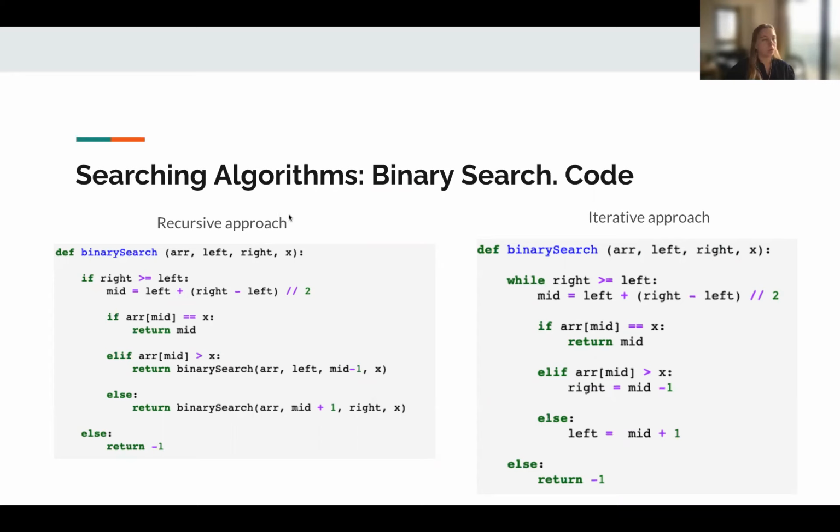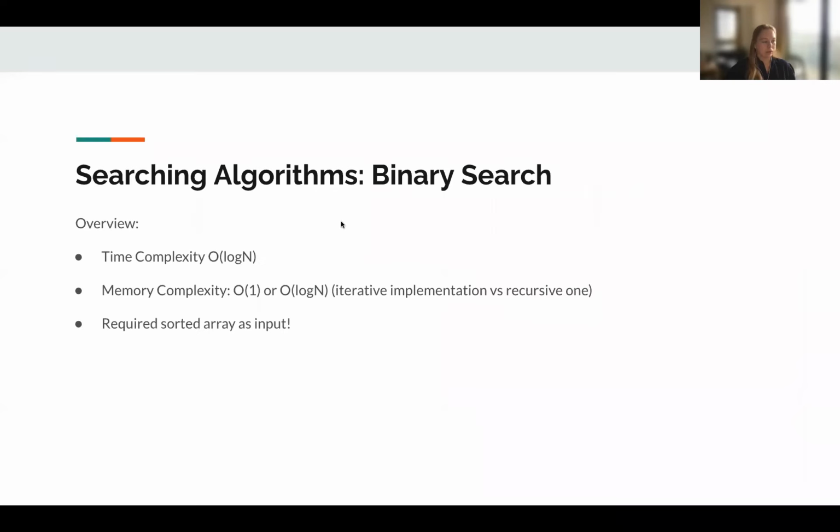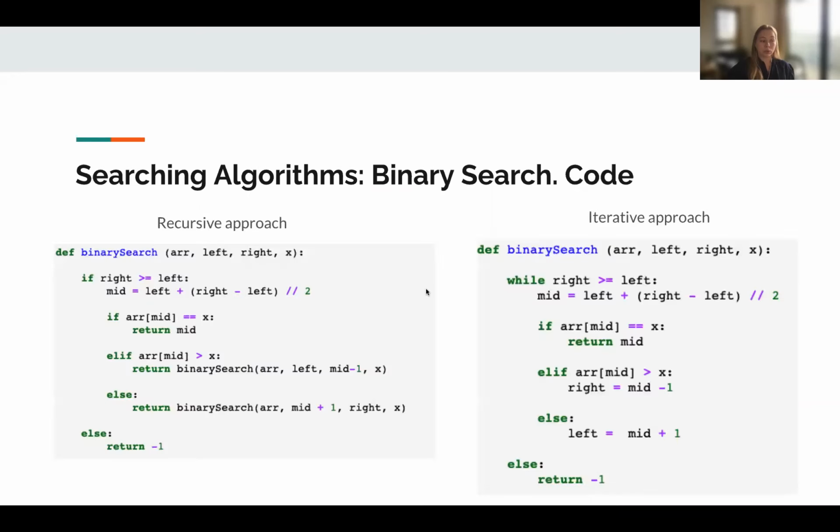So the binary search that we just revisited. Time complexity of binary search is log n, which is much faster than linear search. But again, remember, your array must be sorted before you can use it. Memory complexity depends on which method you're using.